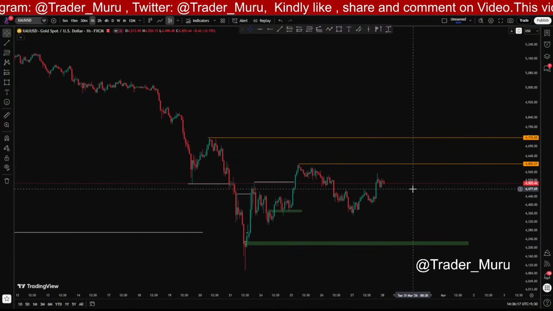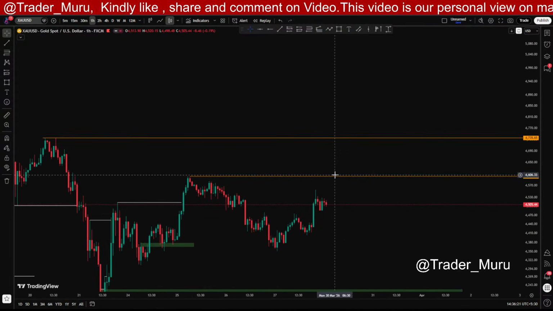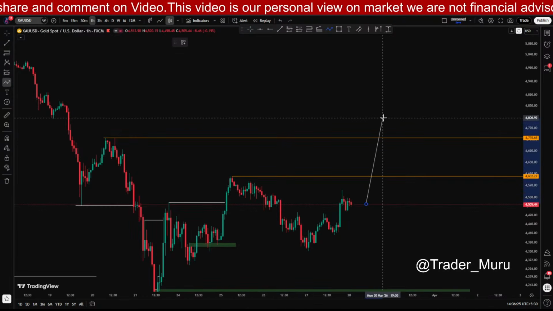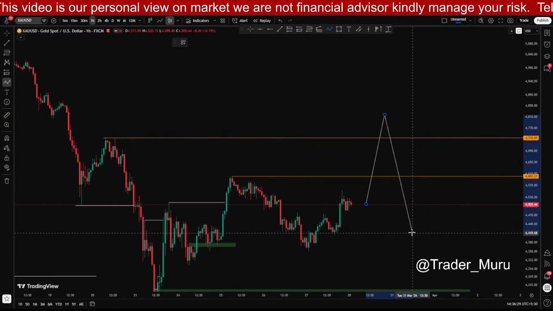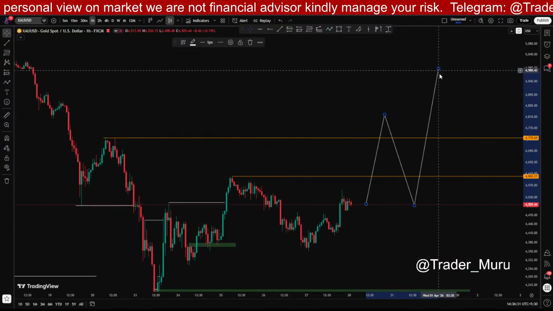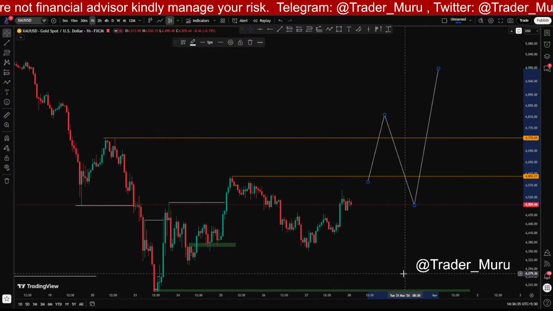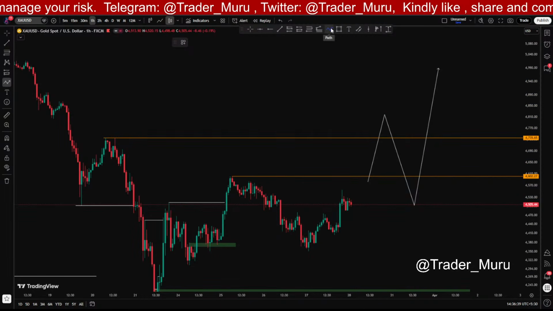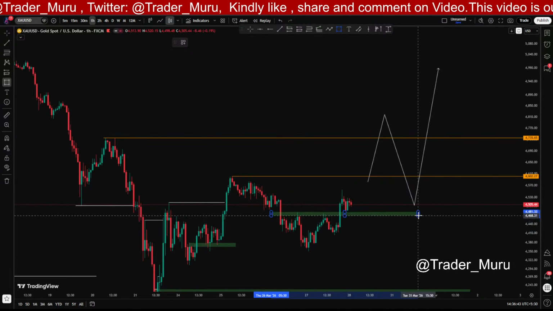Wait for this retest here. It would be a much better entry for long, and we are expecting the market to give us a new swing entry after this 4-hour high break. Once this breaks, we will be watching for a retest and pump. Before that, we will try to trade gold in this internal structure, and our recent breakout structure is giving us a new entry near this zone.